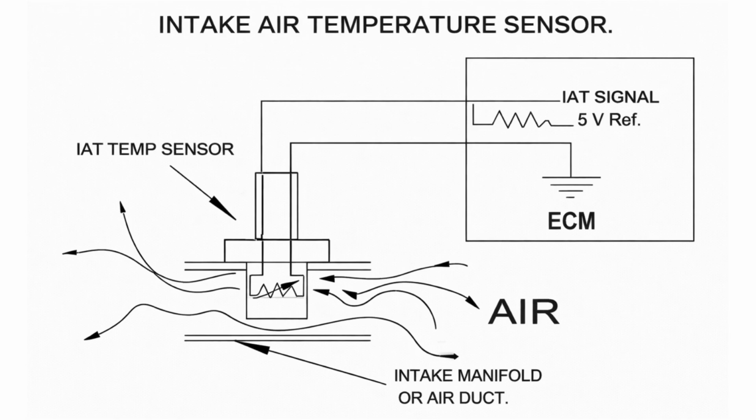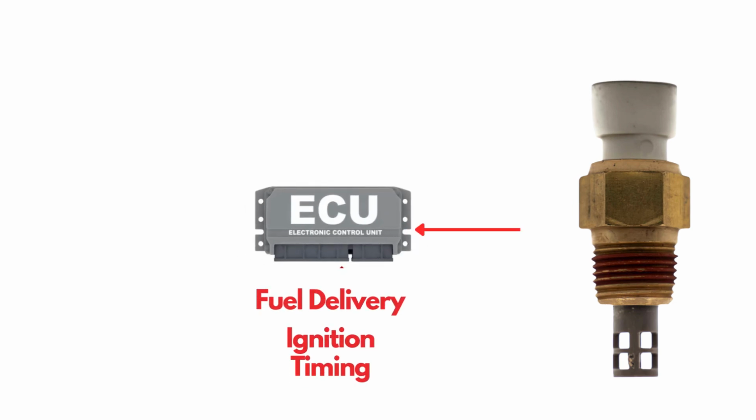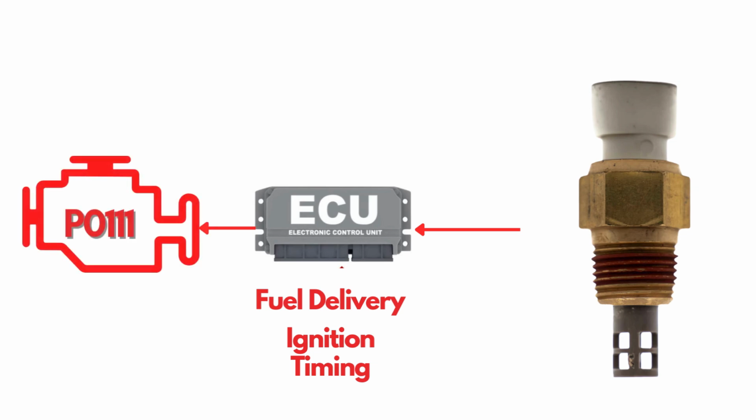Since air temperature plays a big role in fuel delivery and ignition timing, the engine may not run as efficiently as it should. When the ECU detects this abnormal IAT signal, it stores the P0111 trouble code and turns on the check engine light to alert you that there's a problem in the IAT sensor circuit.